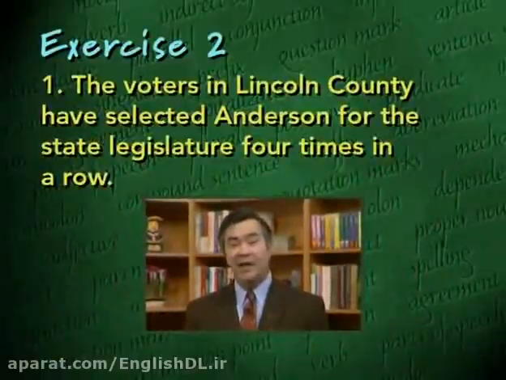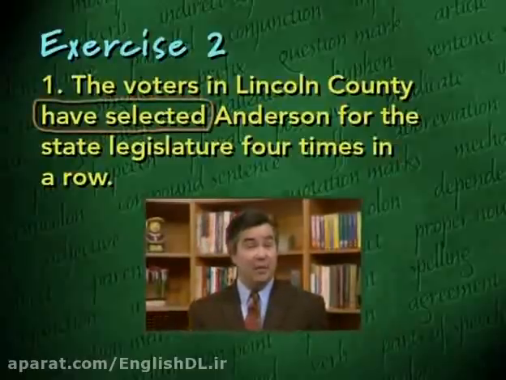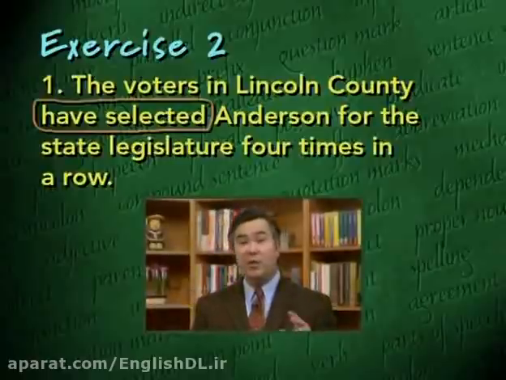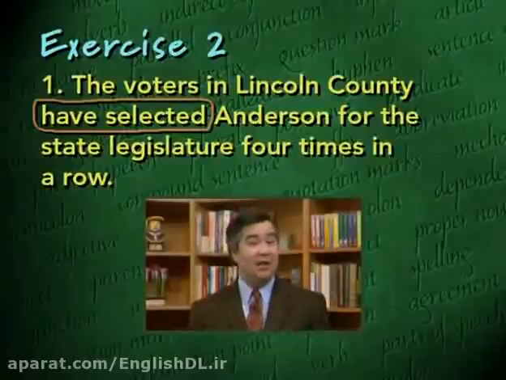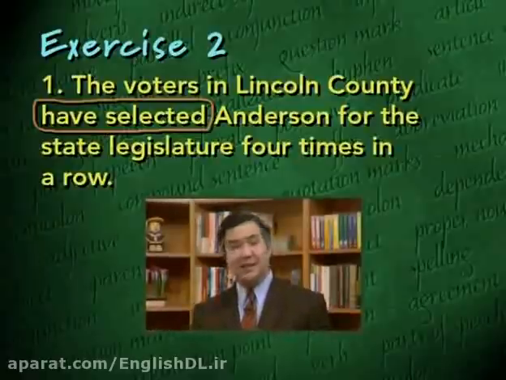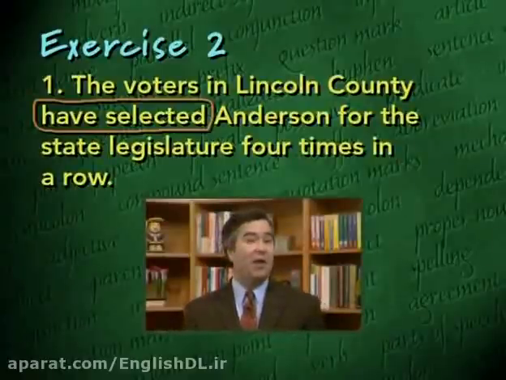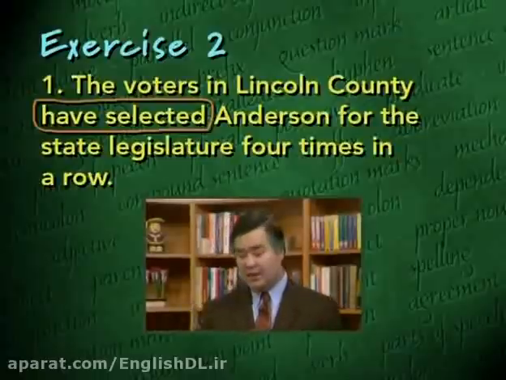Let's begin by finding the verb in this sentence. The verb is have selected. Remember that some verbs contain more than one word, in which case we refer to it as a verb phrase. In this sentence, have selected is the verb phrase, which gives the action to the sentence. What is the subject of the verb have selected? That is, who or what is doing the selecting? The answer is the voters.